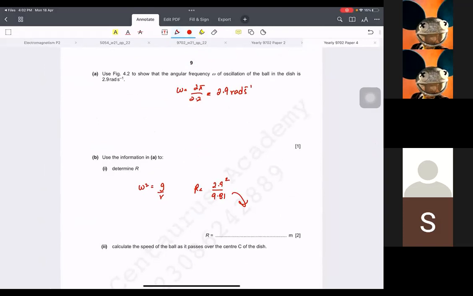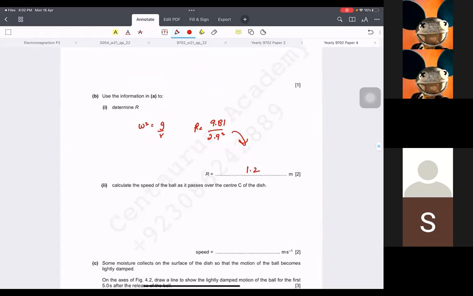Would it be 9.81 over omega squared? Yeah, sorry, my bad. So I think it's 1.2. Then it says calculate the speed of the ball as it passes through the center.